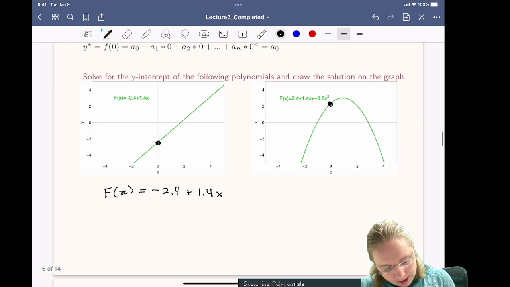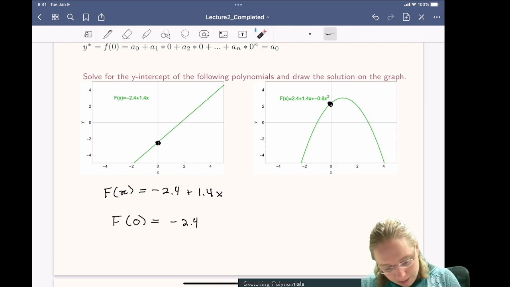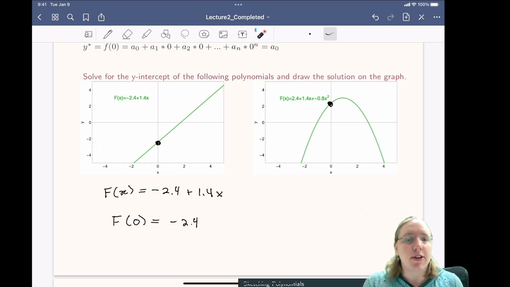If we plug in x equals 0 for our y-intercept, that simply becomes minus 2.4. Make sure that when you calculate a y-intercept that you check it off of the graph that you have. And so if we look here, yes, that looks about like minus 2.4, so we're good.